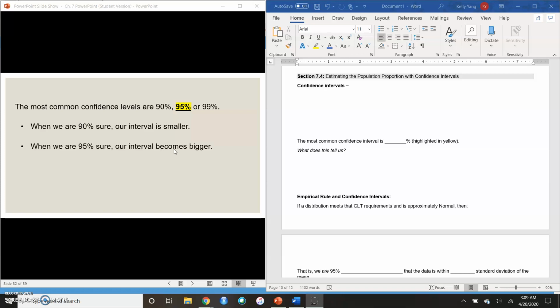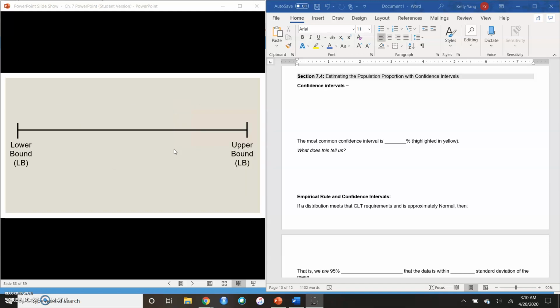When we are 95% sure, our interval, or our range of values that our parameter could possibly be in, becomes bigger. And when we are 99% sure, then our interval includes most of all of the values, with very, very minimal room for mistake. So let's look at what this means.